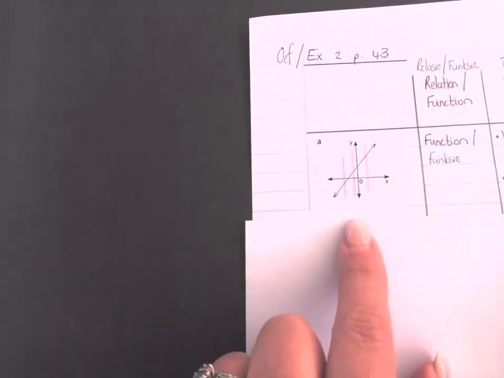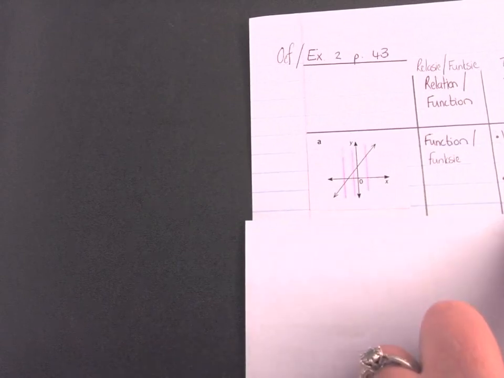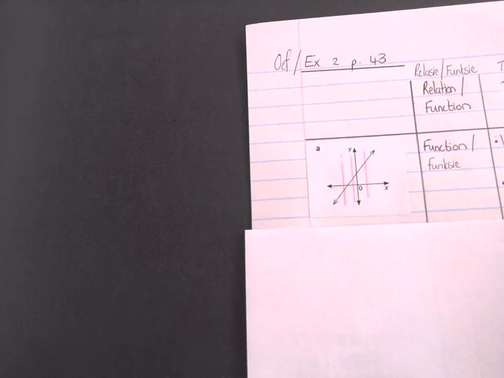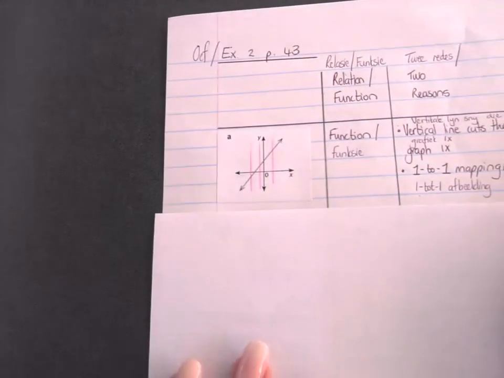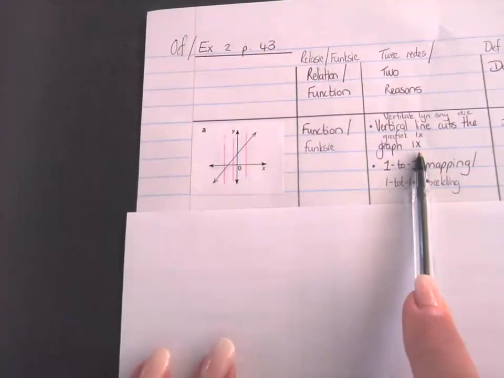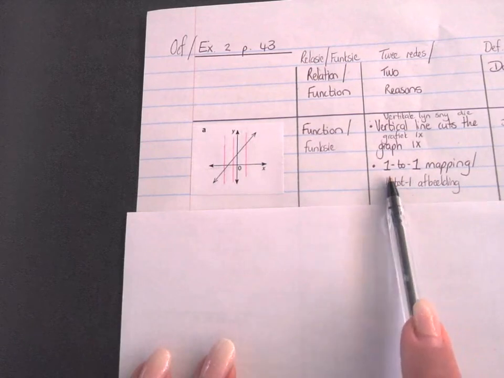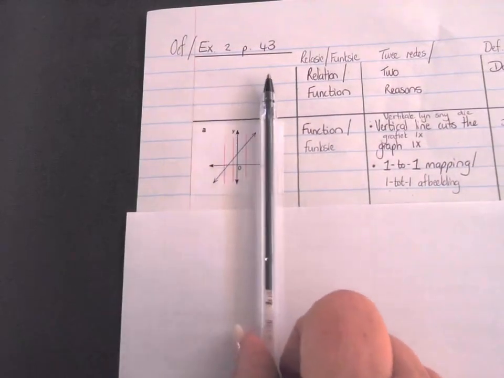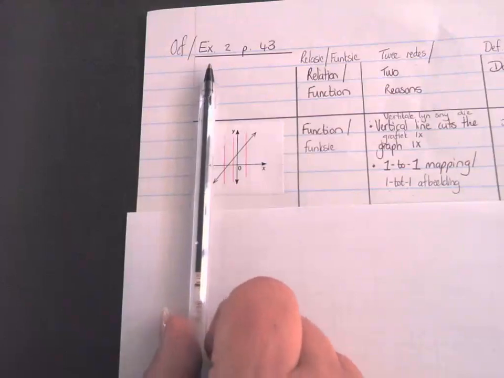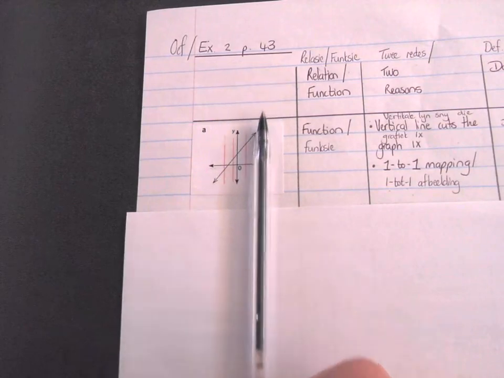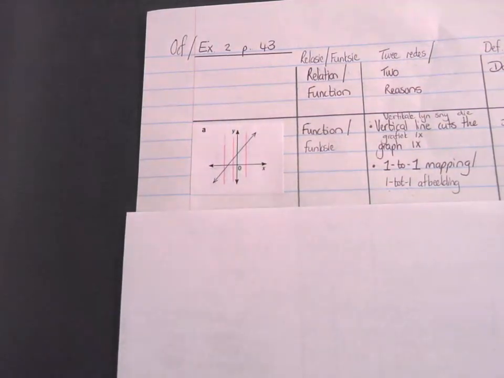It's a 1-to-1 mapping, and the other reason? The vertical line only cuts at one point. Yes. The vertical line cuts the graph one time, each time, and there's a 1-to-1 mapping. If I move the pink lines all over the graph, they only cut the graph once each time.